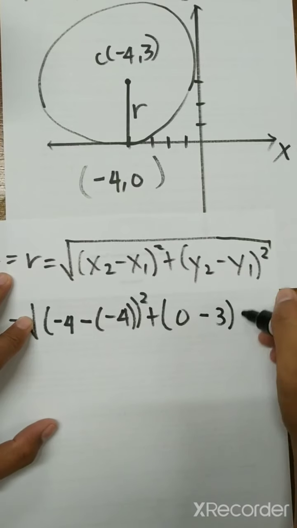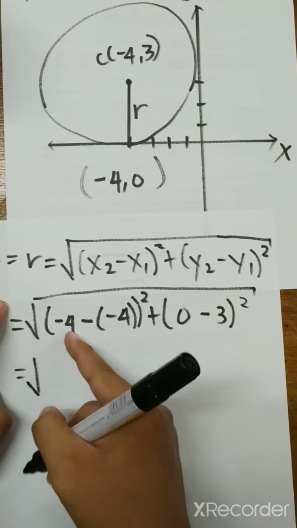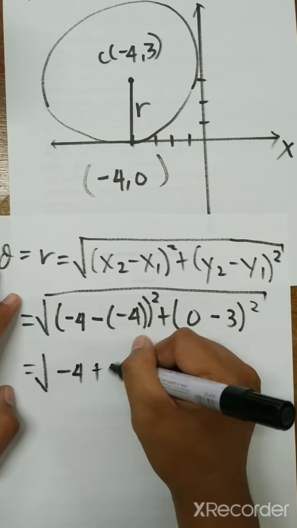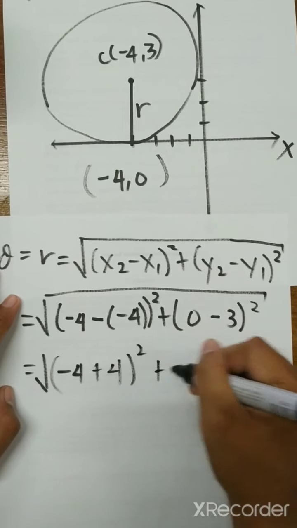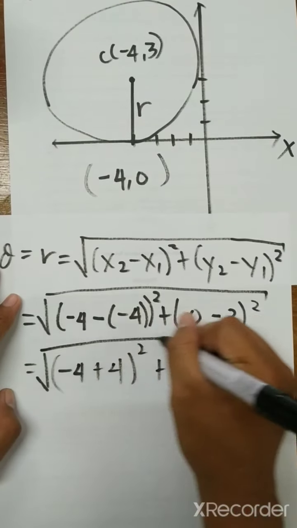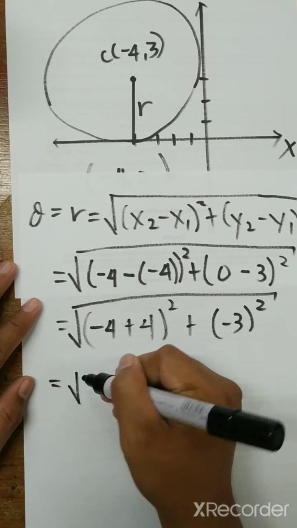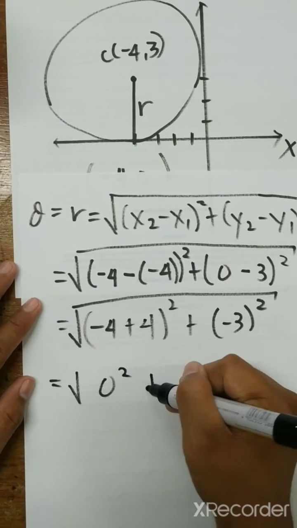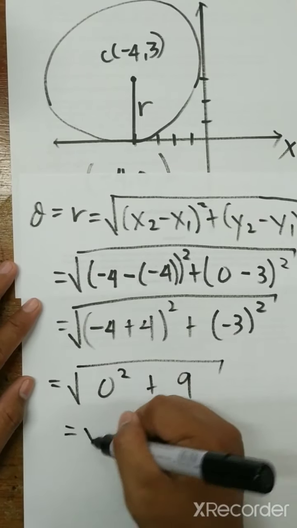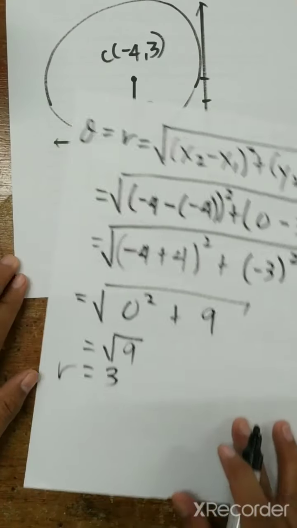Because negative 4 plus 4 is negative times negative. Alright, so plus we have (negative 3) squared. Okay, let's finish here. So negative 4 plus 4 will give us 0 squared plus negative 3 squared will give us 9. So the square root of 9 is 3, which means our radius is 3.